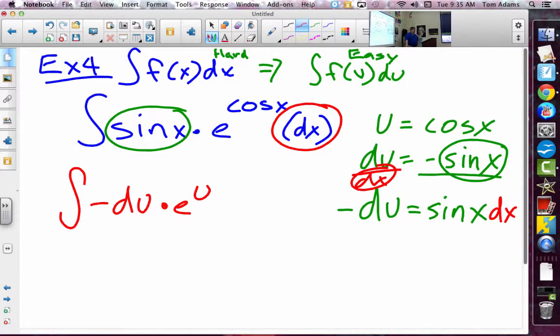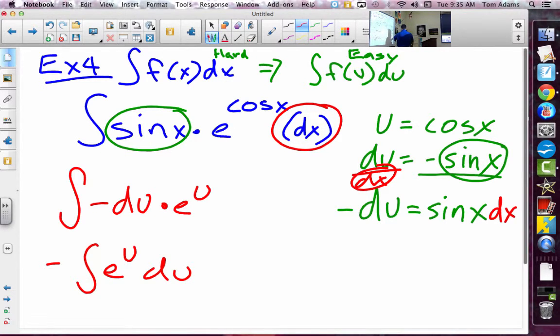I've just been kind of skipping it. I probably shouldn't, but I have. Now I could take this negative sign and toss it to the front, so I get negative e to the u du.